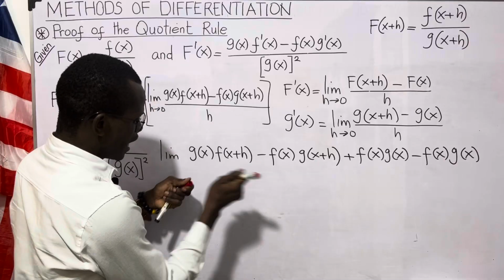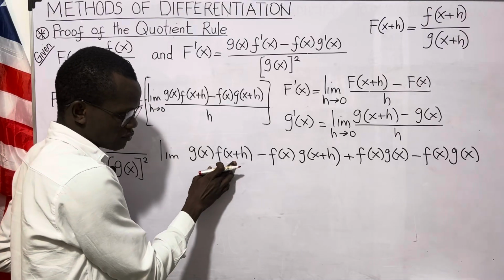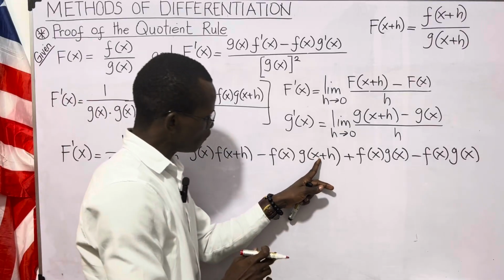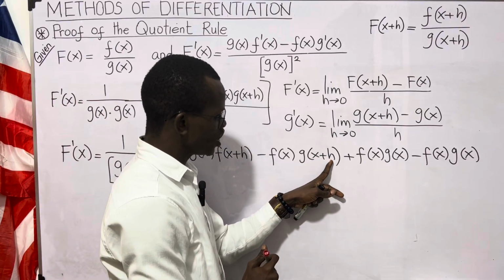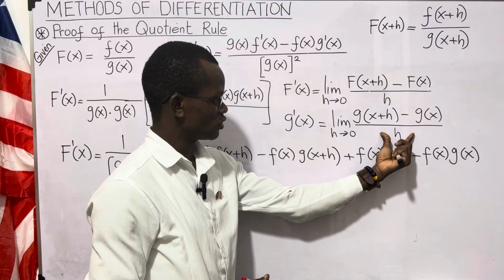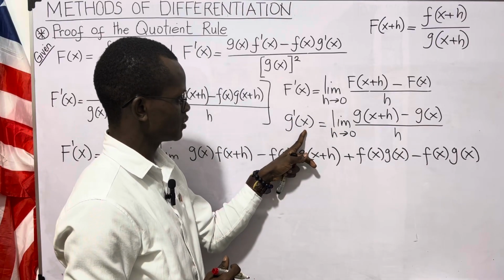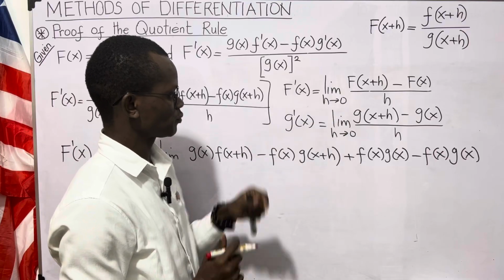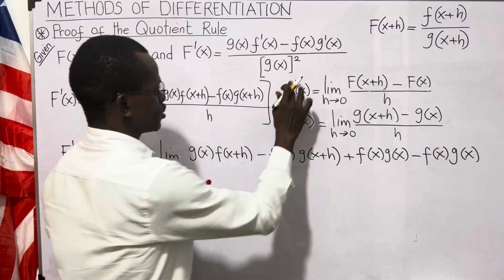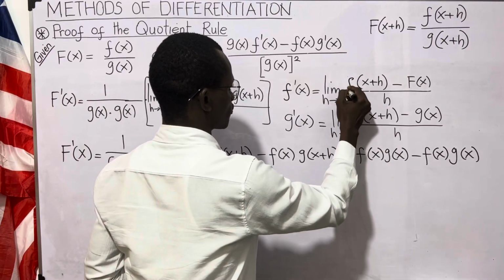For this g of x plus h, I need to have some g of x so that I can arrive at this definition. Because this is equal to g prime of x, and this is equal to f prime of x. So let's assume that this was small f, and this was also small f.